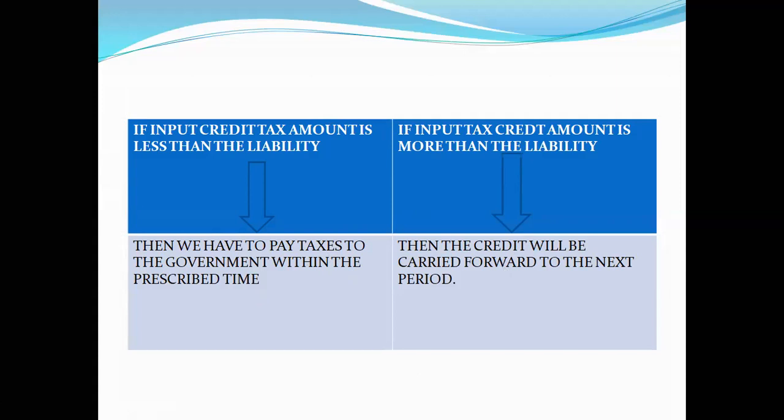That will be carried forward to the next month. The government will not refund us. It is carried forward to the next month. So remember, if ITC amount is less than liability, then whatever the balance is, you have to pay taxes to the government. The reverse case is that the balance left out will be carried forward to the next month for adjustment against the next month's tax liability.